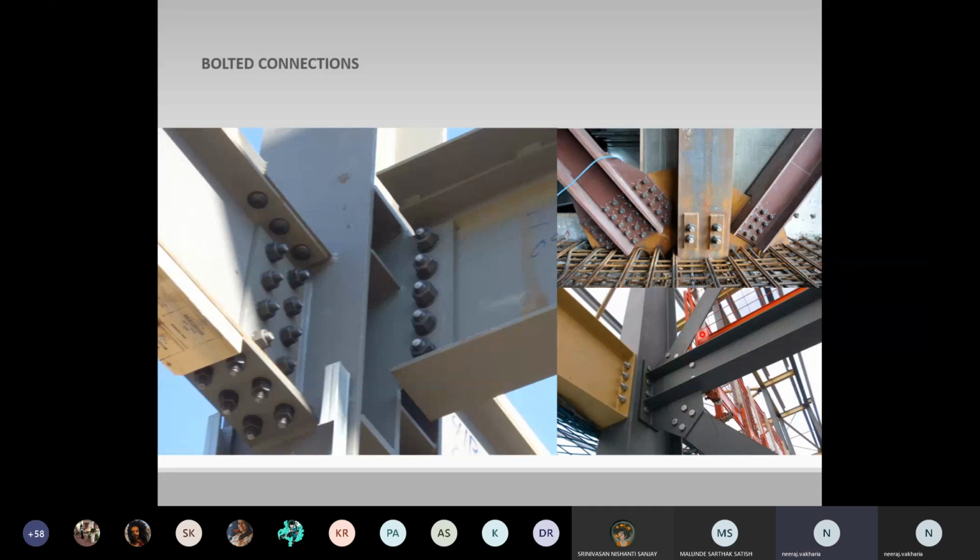This connection has the advantage of flexibility in assembling parts of the structure as well as disassembling it, which is necessary if there is inspection or some routine maintenance work. This type of connection is applicable for members subjected to tension or shear, or both tension and shear. This we'll see on the behavior of forces for connection later on, in a later slide.